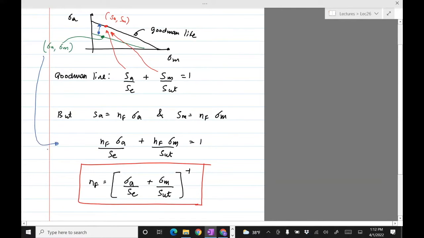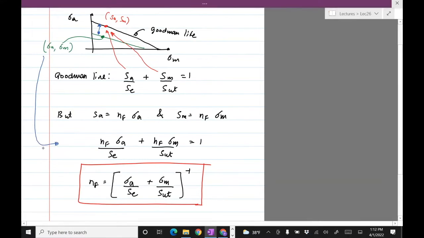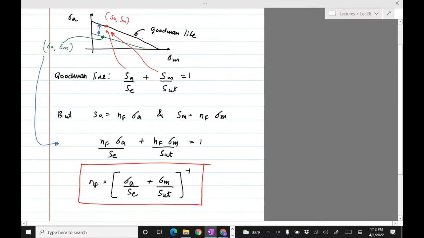Let's call that line 1, and this is line 2, which has the NF in it.